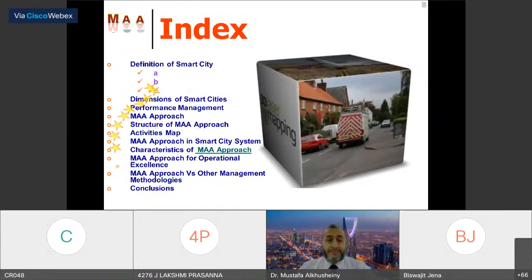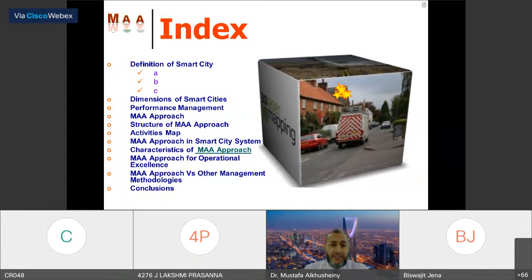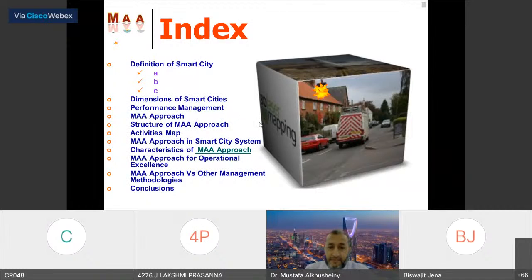My presentation will include the definition of smart city, dimensions of smart cities, performance management, MAP approach, structure of MAP approach, activities MAP, and MAP approach in smart city system, characteristics of MAP approach for operational excellence, MAP approach versus other management methodologies, and finally, the conclusions.